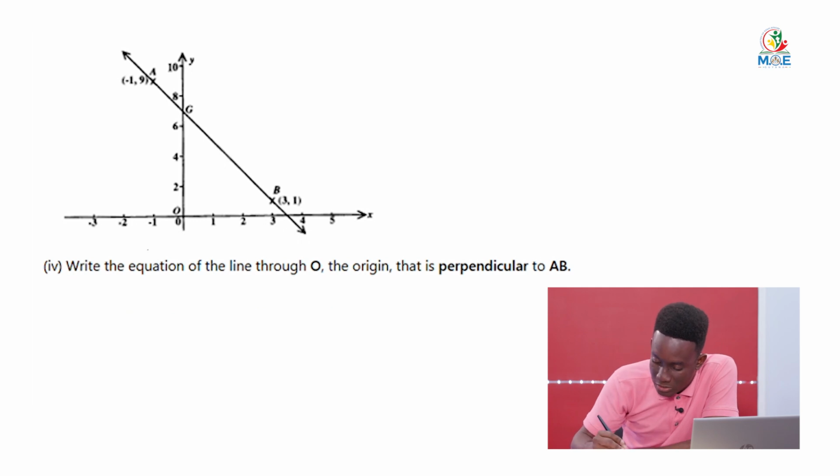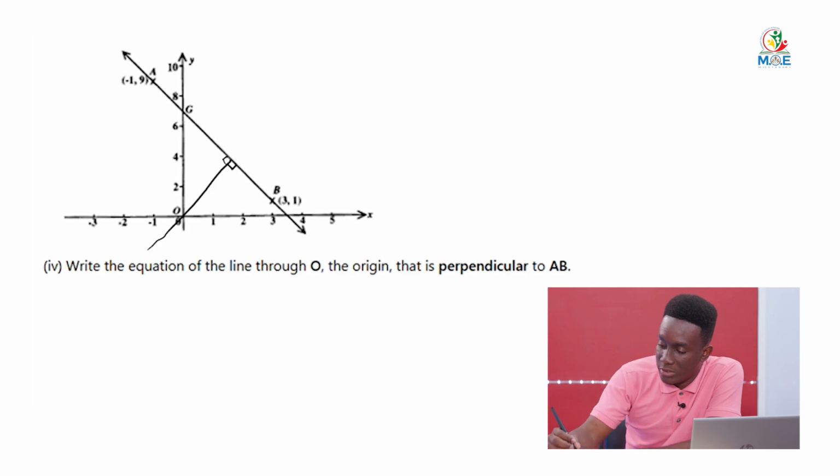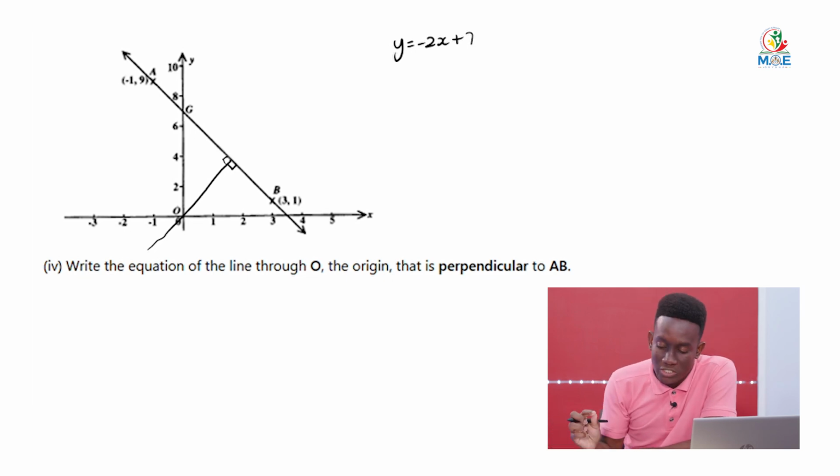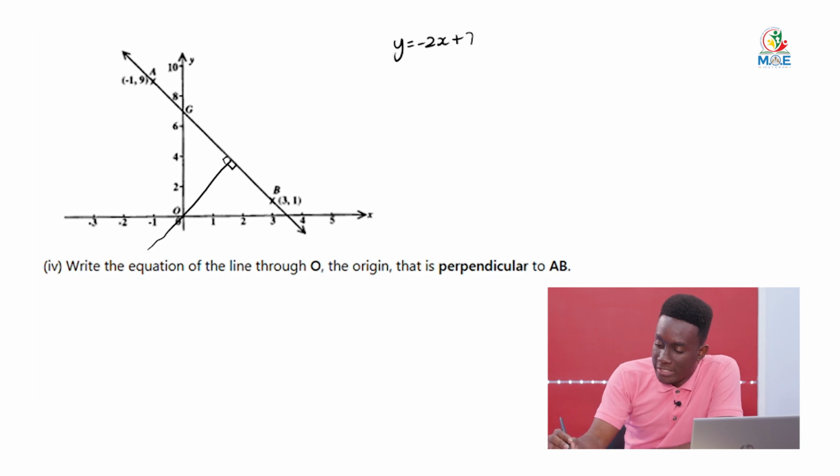They want a line that goes through O and is perpendicular to the line that we just found, which is y equals negative 2x plus 7. We know that when dealing with perpendicular lines, the gradient is the negative reciprocal.